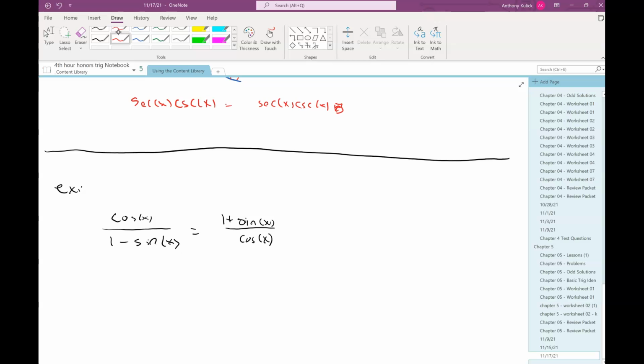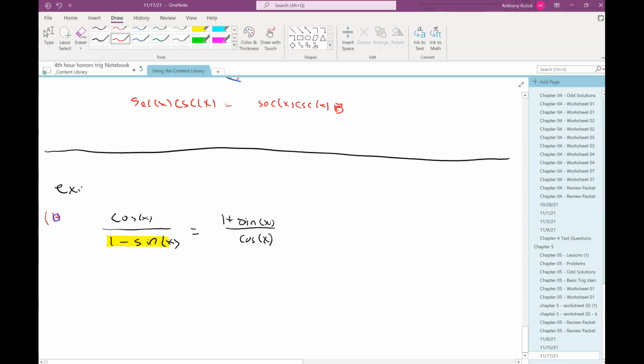Aiden? Did you multiply by 1 and form cosine over cosine? I wouldn't do that. What I would say is I have half of a difference of two squares right here, and I see the other half of it up here. What should I do?